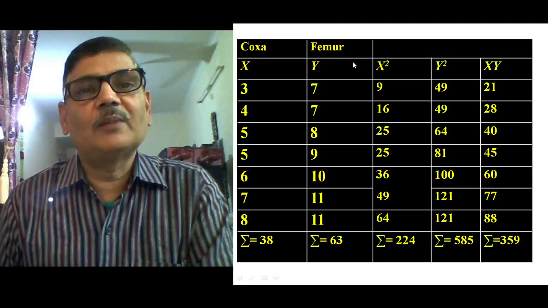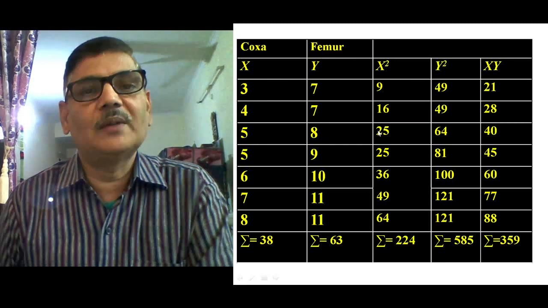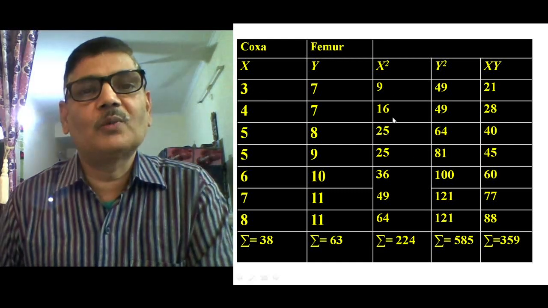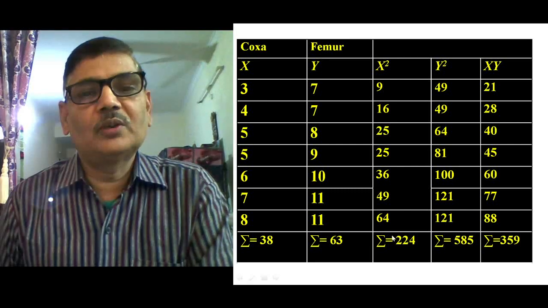Then x square, means individual values of x are being squared, like 3 into 3 is 9, 4 4s are 16, 5 5s are 25. All these individual x values have been squared and their total has come 224.